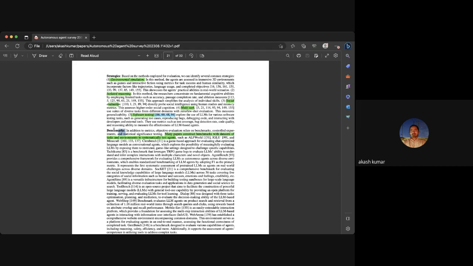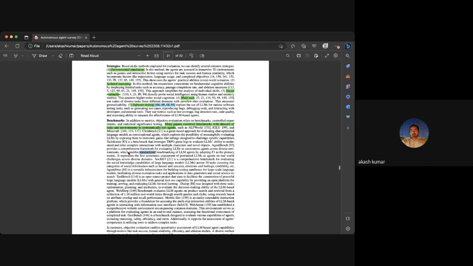Benchmarks are very important in our field. Many papers construct these benchmarks with a data set of tasks and environments to systematically test these agents. There are a lot of benchmarks out there which track what kind of performance these agents are giving.